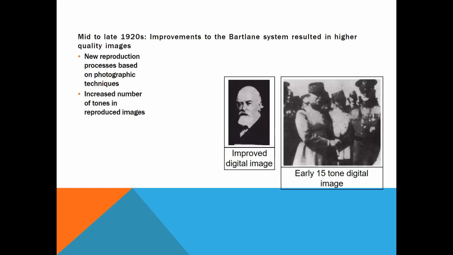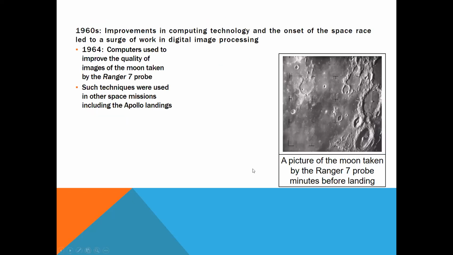So in the mid to late 1920s, improvements to the Bartlane system resulted in higher quality images. New reproduction processes based on photographic techniques increased the number of tones in reproduced images. In the 1960s, improvements in computing technology and the onset of the space race led to a surge of work in digital image processing.